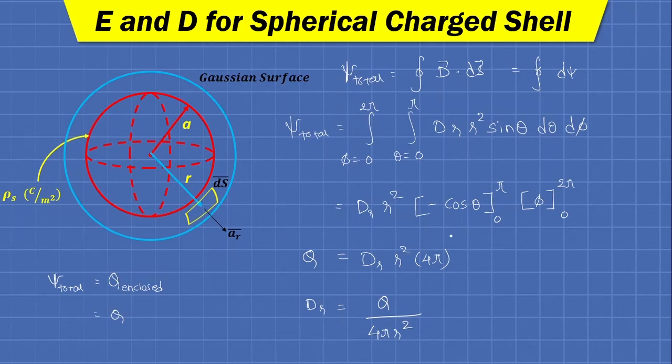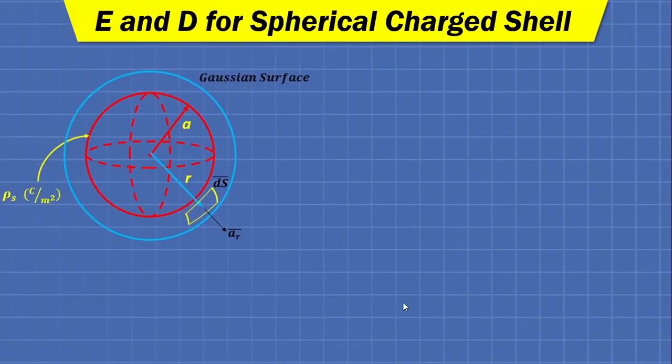We can also say that if charges are uniformly distributed over the surface, then rho s is nothing but Q upon the area of this surface. The area of this surface is 4 pi a square, so we can write Q equals rho s into 4 pi a square. Finally we have two relationships.